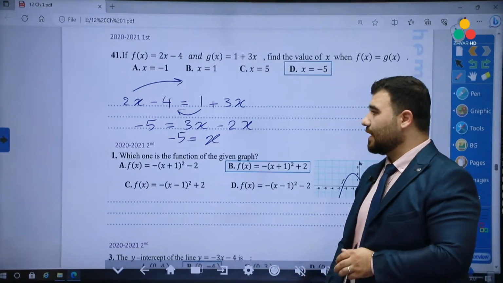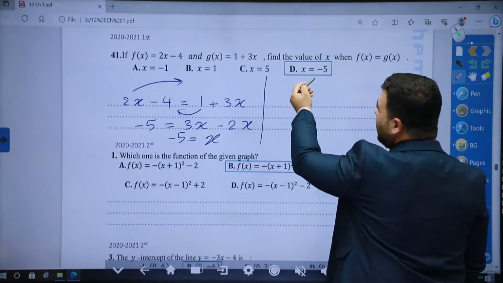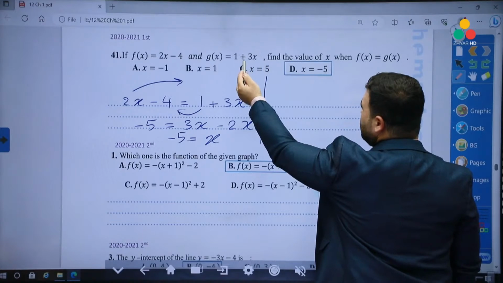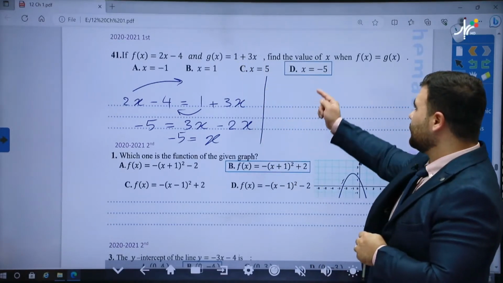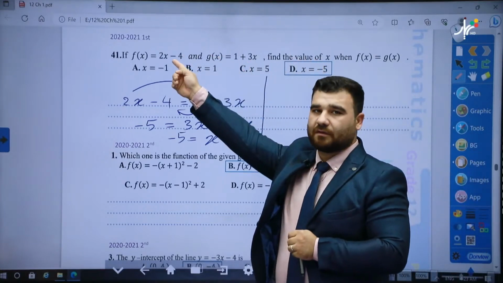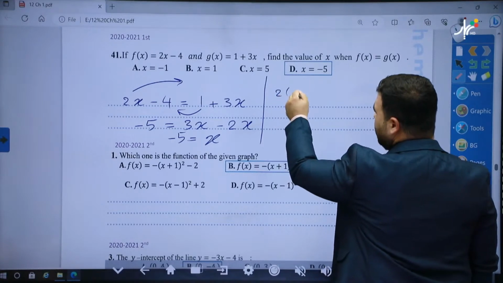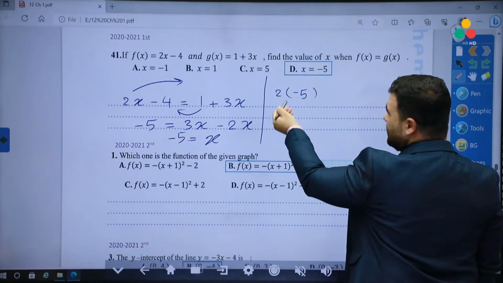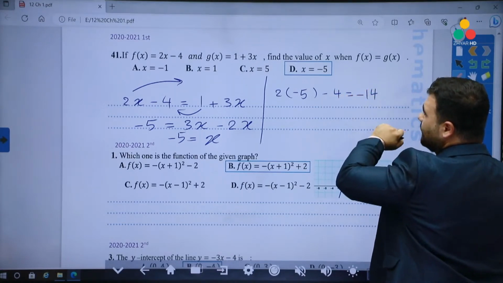Now if we check our answer before we leave, we can check. If we put negative 5 in place of x in g, we should get an answer which is the same as when we put negative 5 in f. Let's see them. Negative 5 in f, it will be 2 times negative 5, which is negative 10, minus 4, that is negative 14.